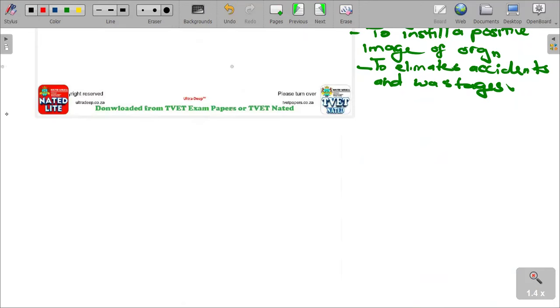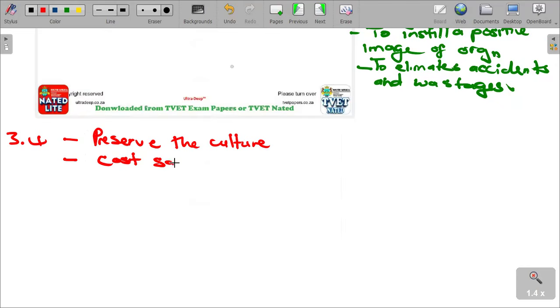Organizations want to recruit internally. What are the advantages? Maybe they might want to preserve the culture of the organization. They want to avoid dilution of culture. They also want cost saving.